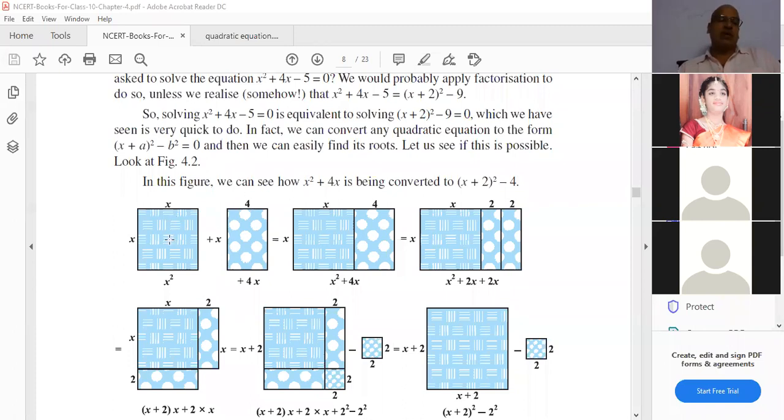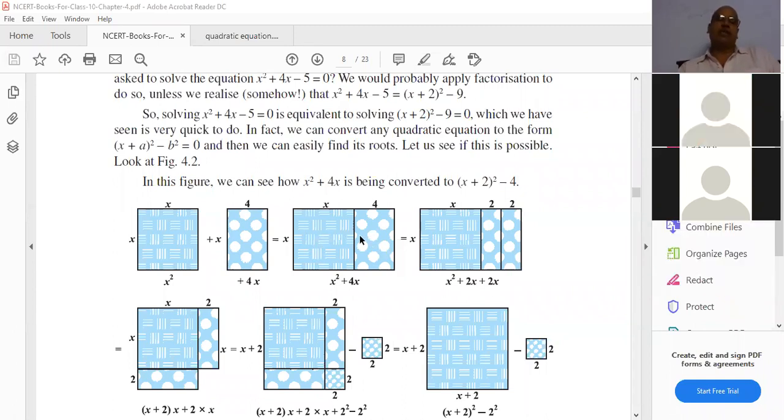So this is a square of area x square, and this is a rectangle of area 4x. Now if we add both, we have to get a whole square form. This is x square, and this is the rectangle 4x. We added both.